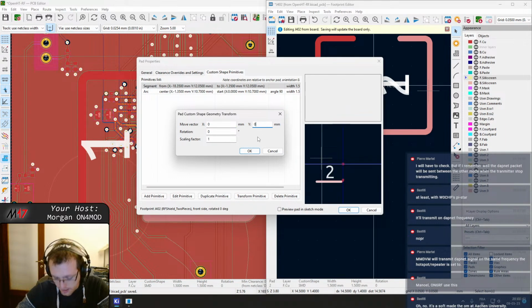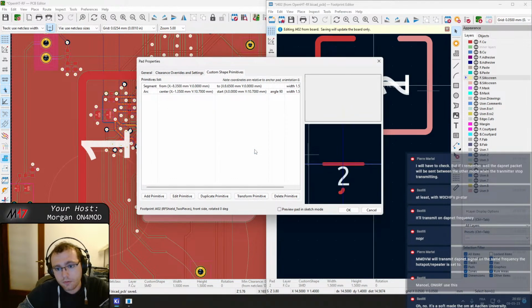We need to move it by minus 12.05. And then in X, let's move it by 10mm.